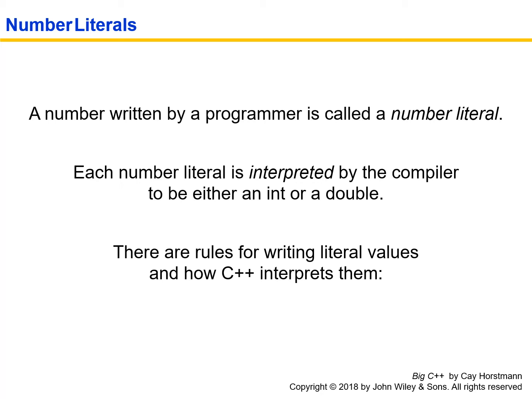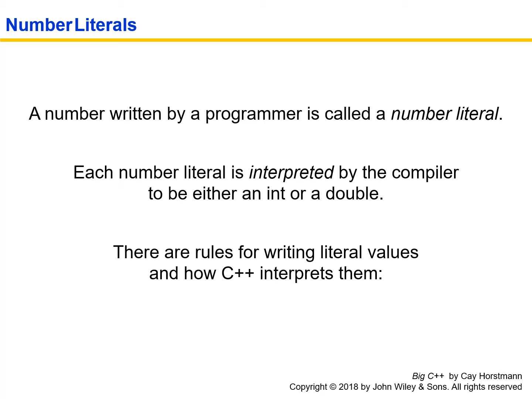Well, whoever made up the C++ standard decided that numbers were either going to be ints or doubles. There are ways to specify that you want something to be interpreted as a long or a float or something. We're not going to get into that in this class, but you can look them up. It involves putting a letter after the number, like 21L, I believe, becomes a long, or 3.14F becomes a float.